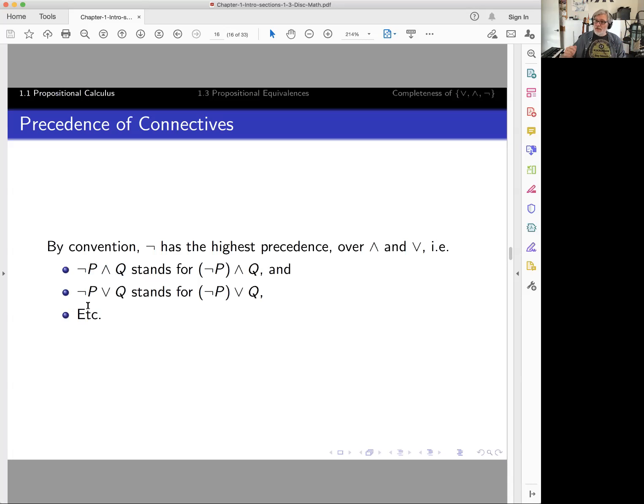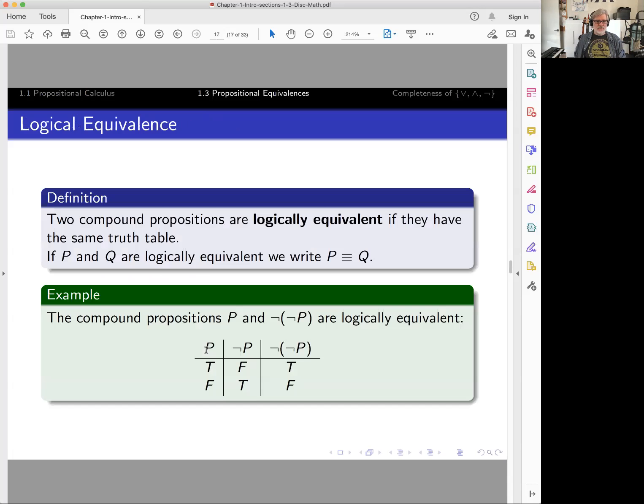The negation applies first, so it's (not P) and Q. If I wanted to negate P and Q, I would put brackets over here. Okay, so this is important to know, useful. So that's the precedence of connectives.